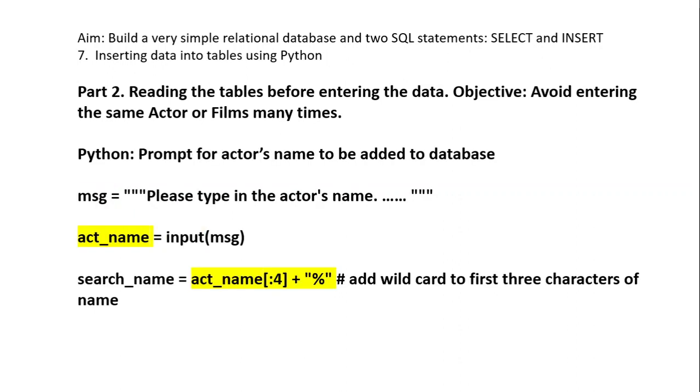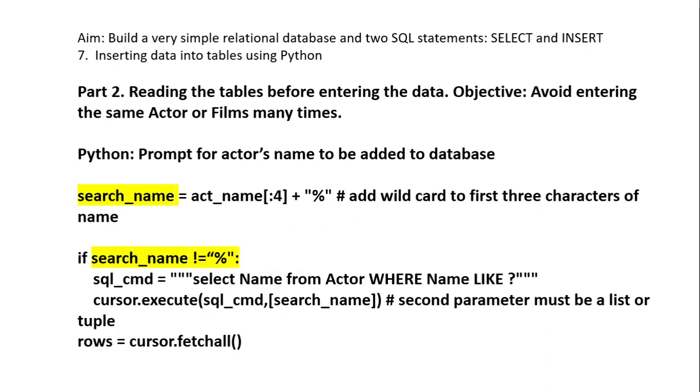I then prompted the user of the application to input an actor's name. I then built a search for that actor's name, by the first 3 characters in the SQL database.